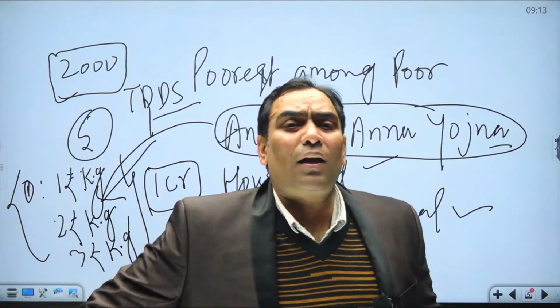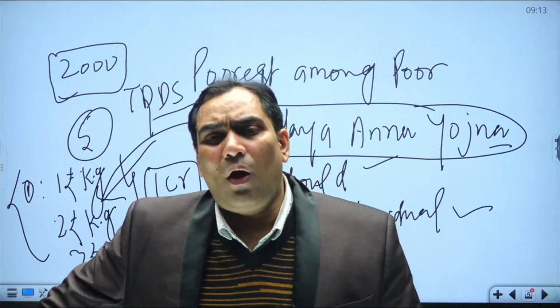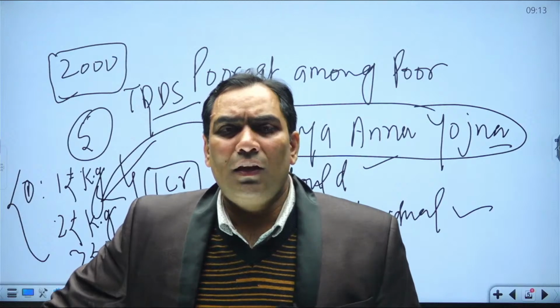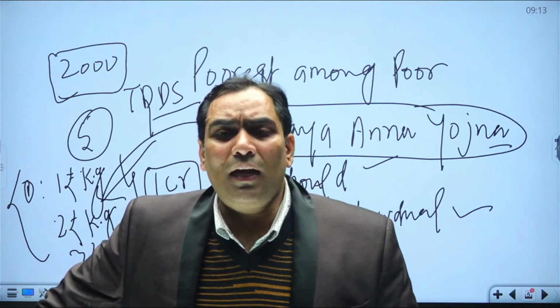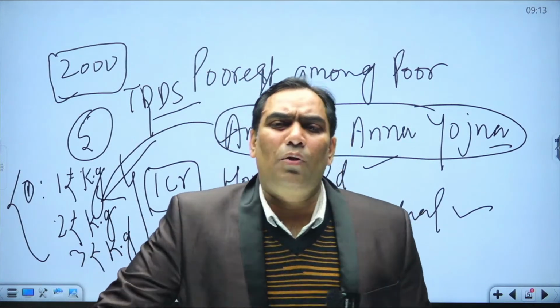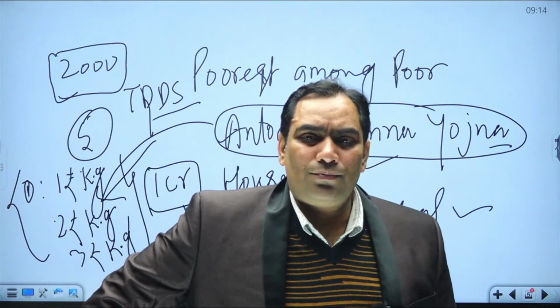That means all were covered, either as APL, BPL, or Antyodaya Anna Yojana families. We were not eliminating anyone. But under the National Food Security Act, only 76% of the population is being covered. They were given the right to food.